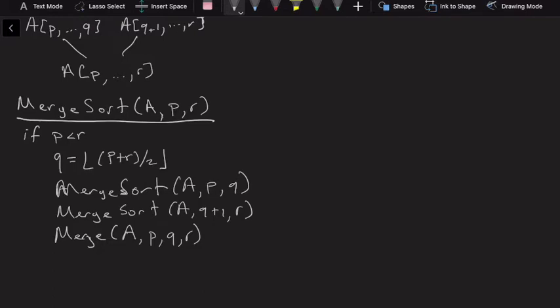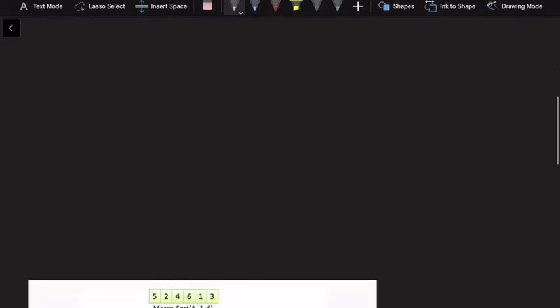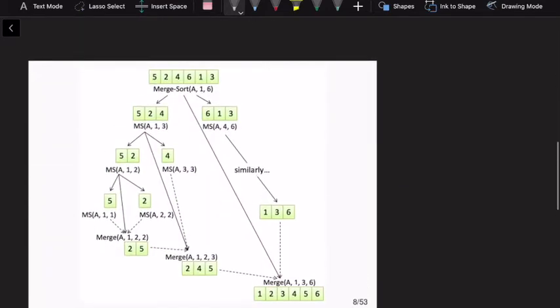Now, what these two steps do is a recursive call of the procedure on smaller subarrays. And the general idea, as we discussed before, was that merge sort would work something like this. We would start with a big array. We separate it into two smaller arrays, and then recursively call merge sort on these smaller arrays, separate them into two parts, and keep doing it.